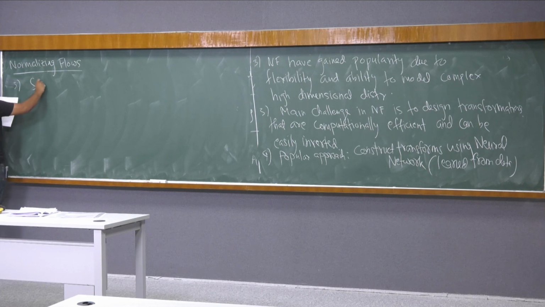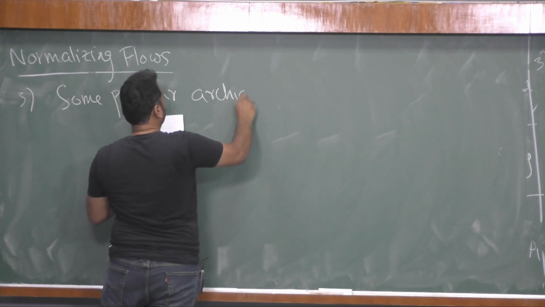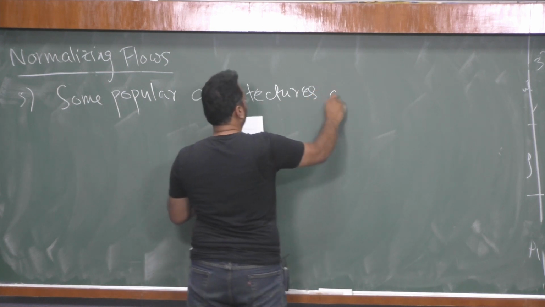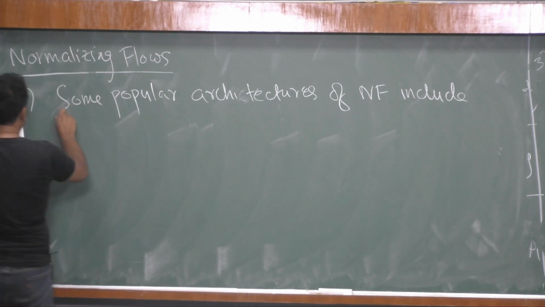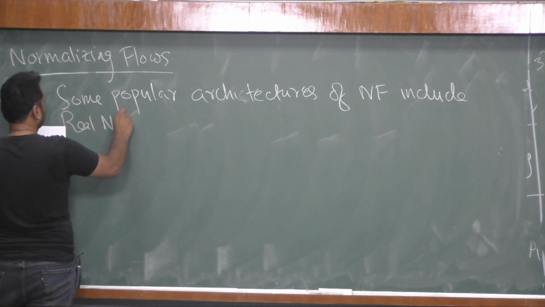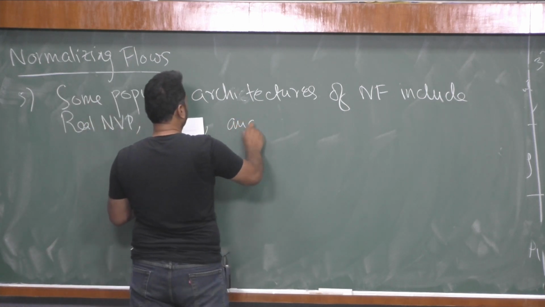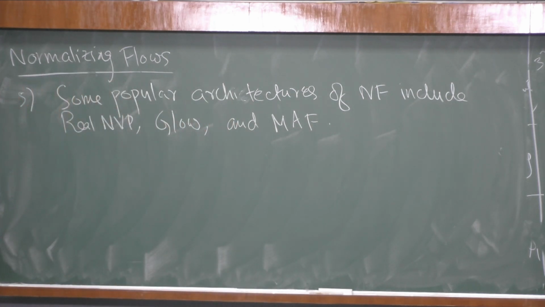So some popular architectures of normalizing flow include Real NVP, GLOW, and MAF. Okay, the full forms and all this will be discussed later on. These are quite new, like maybe 5-6 years ago.